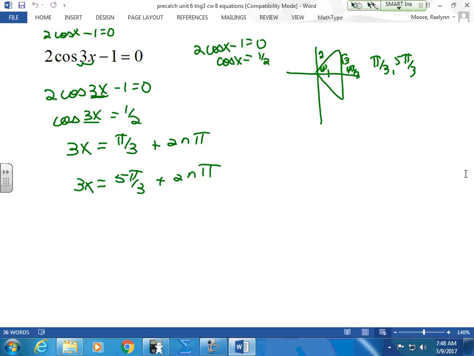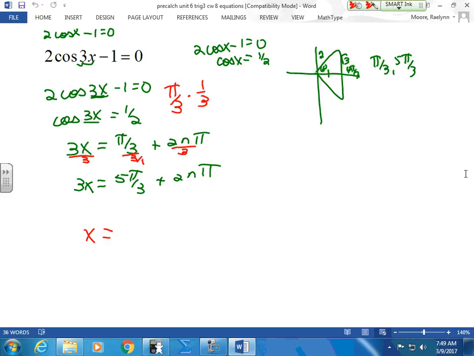Now is where I'm going to solve for x. I got to get rid of this 3. This is multiplied, opposite is divide. I'm going to divide everybody, it's an equation. I'm going to divide everybody by 3. So this is going to become x is equal to pi over 3 times 1/3.